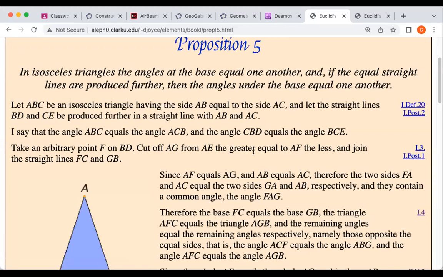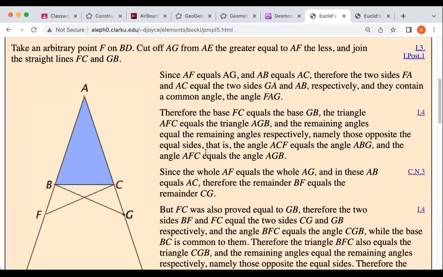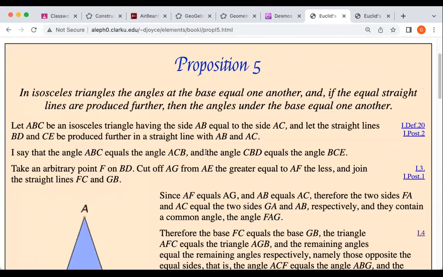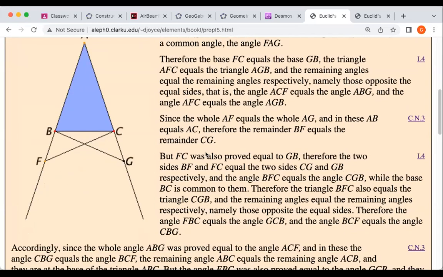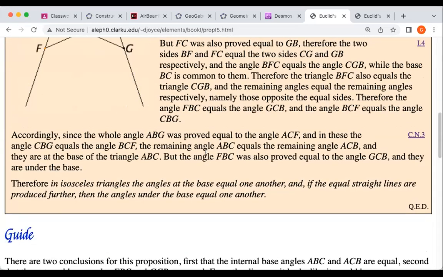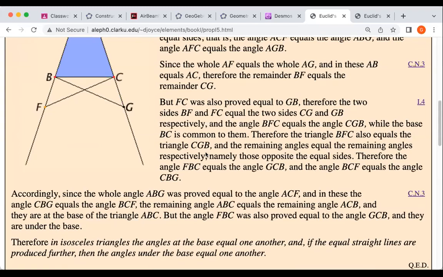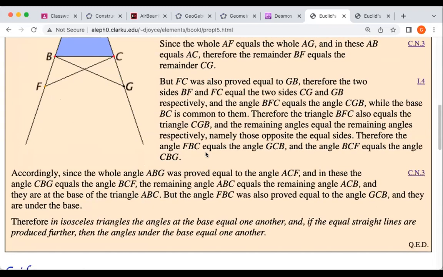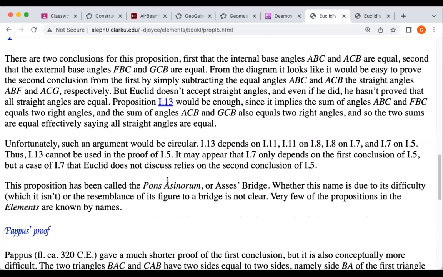Proposition 5, proving that the isosceles triangles are equal, is actually very hard. And back then, this proposition 5 was called the bridge of asses, ass meaning the donkey, because you had to be smart enough to, wait, they mention it here. Yeah, this proposition is called Pons Asinorum, or ass's bridge.